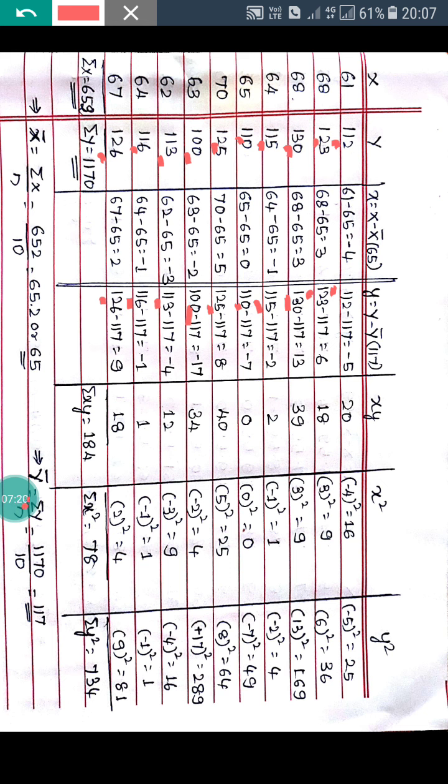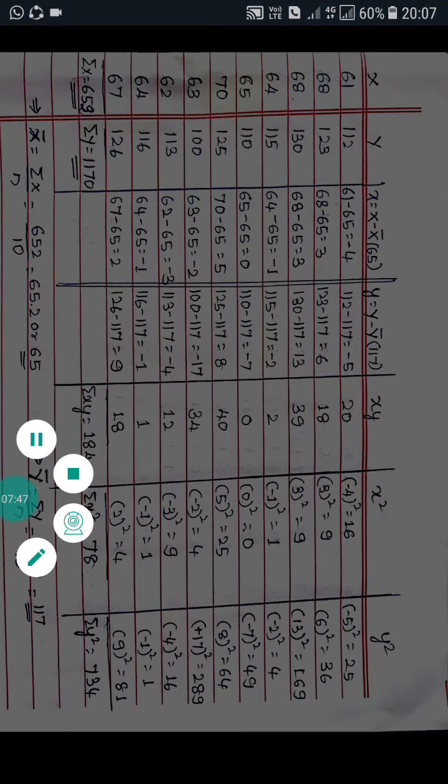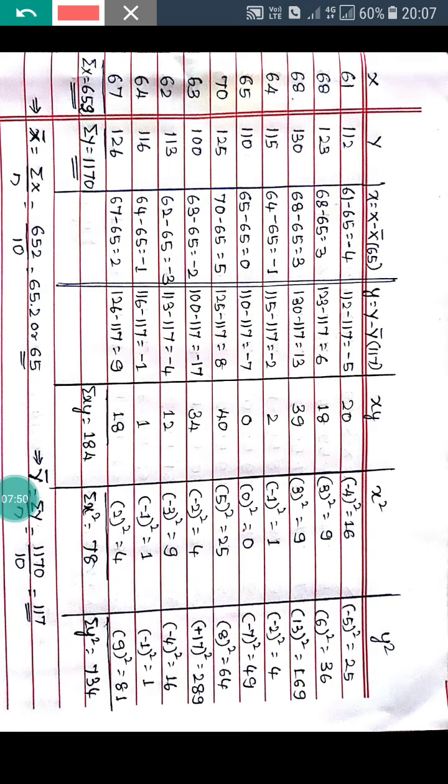Now we have got the values of x as well as y. If you have small x and small y, you can find very easily the xy value, the x square value as well as the y square value. First we should calculate the xy value. Now here we have found x as well as y. The x value is minus 4 and the y value is minus 5.